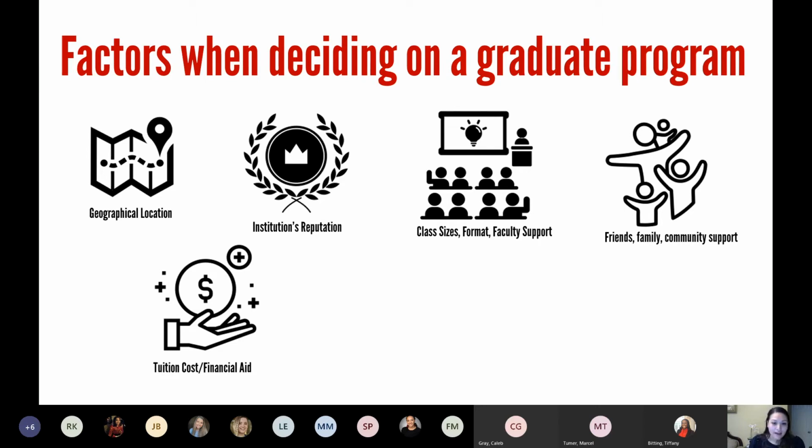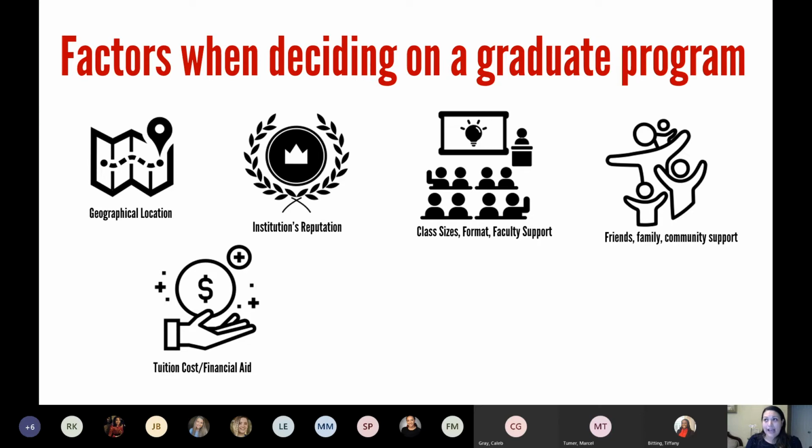Or maybe in-state tuition could be a factor for you, or maybe I'm comfortable with out-of-state because I'm looking for a program that might fully fund me, or a program that offers this level of financial support.